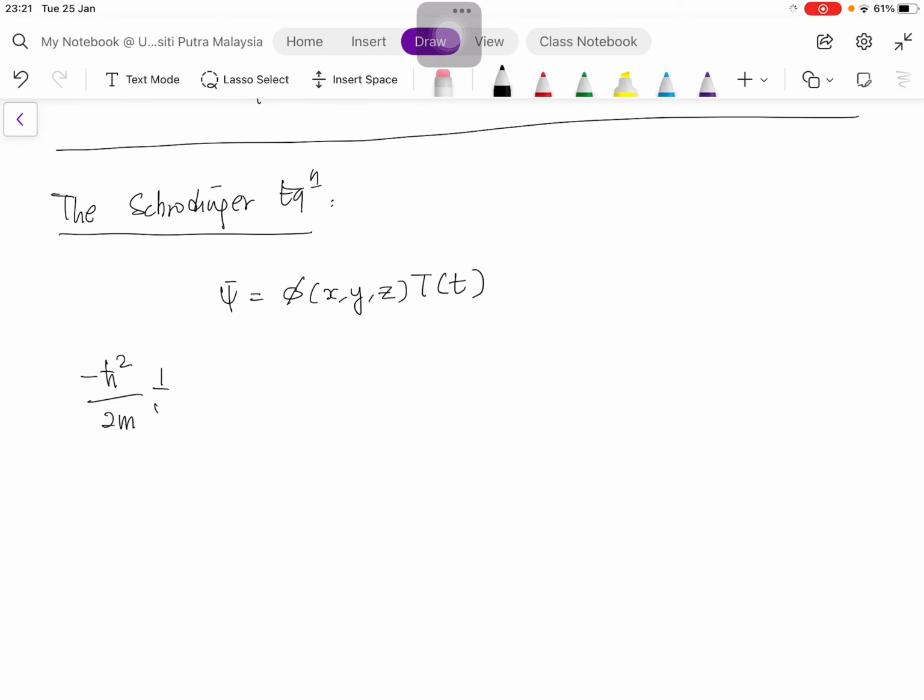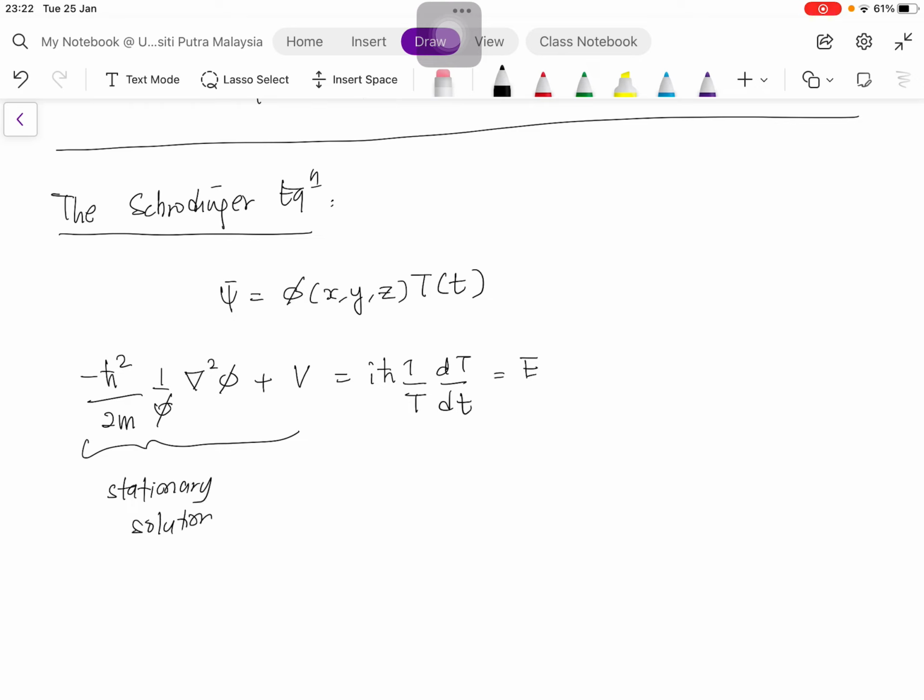and then you have phi plus V, and then you have i h bar over dt. This is actually equivalent to E, and you notice that these are stationary solutions.